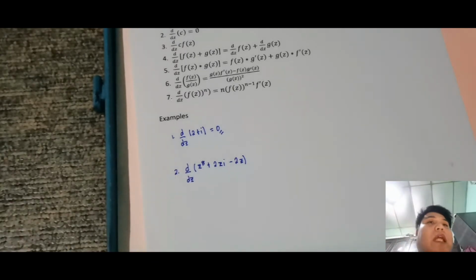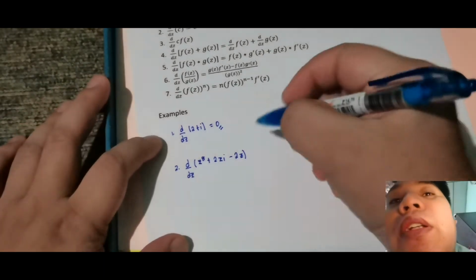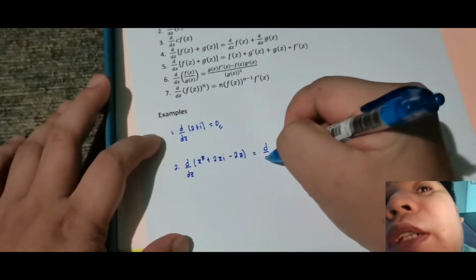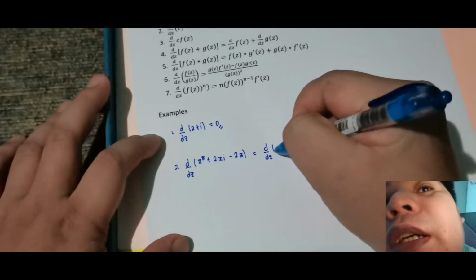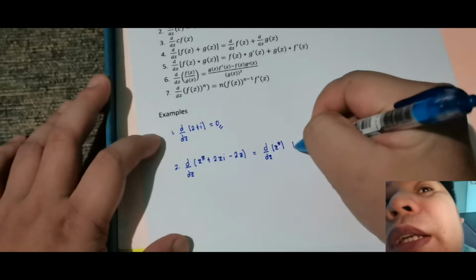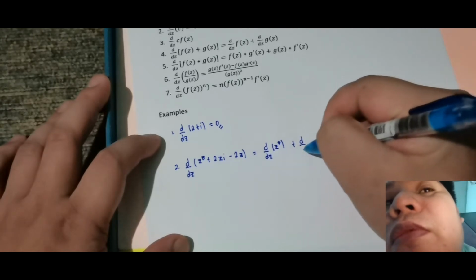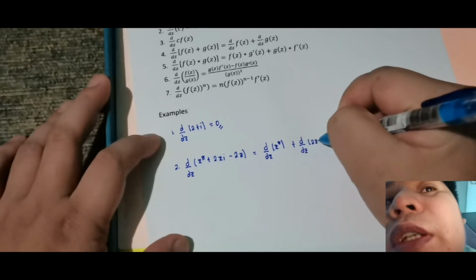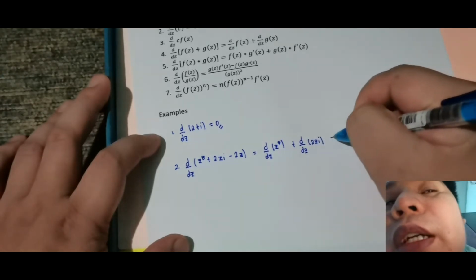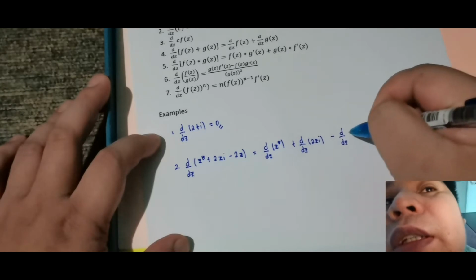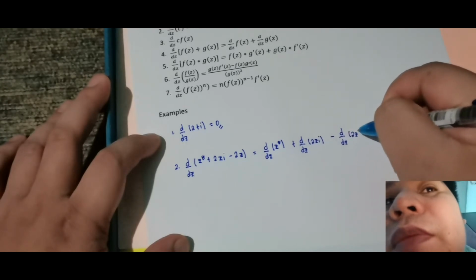So dito gagawin natin, this is equal sa derivative with respect sa z ng z raised to 8 plus the derivative with respect sa z ng 2zi minus the derivative with respect sa z ng 2z.